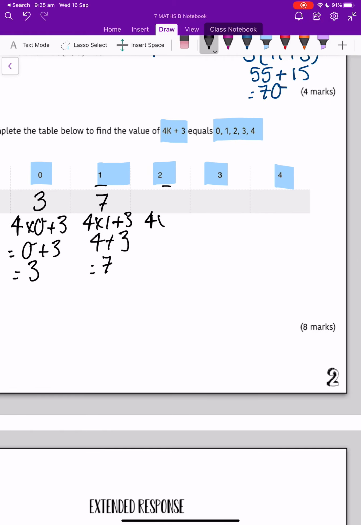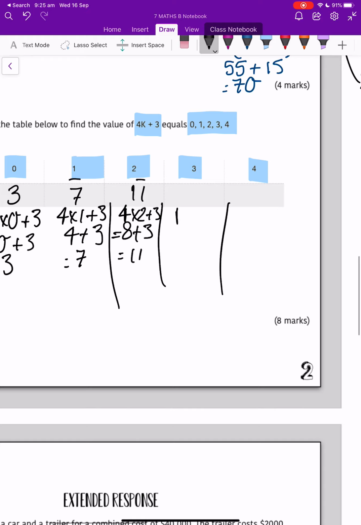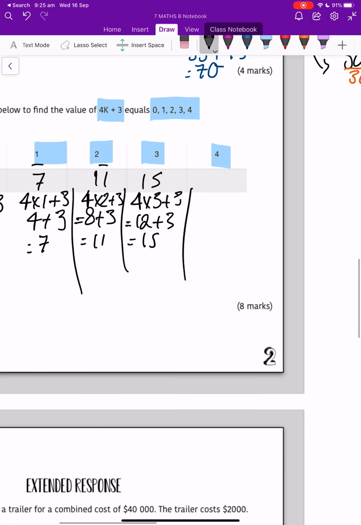Put 2, 4 times 2 plus 3 is 8 plus 3 equals 11. 4 times 3 plus 3 equals 12 plus 3 equals 15. So I write 15 up here.